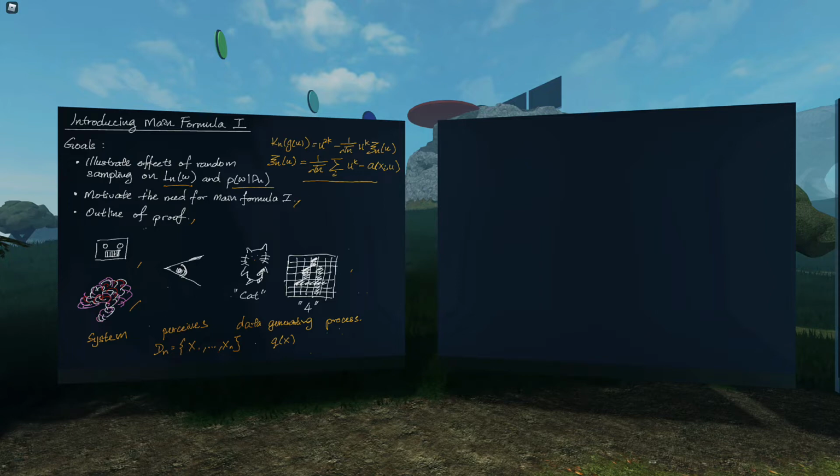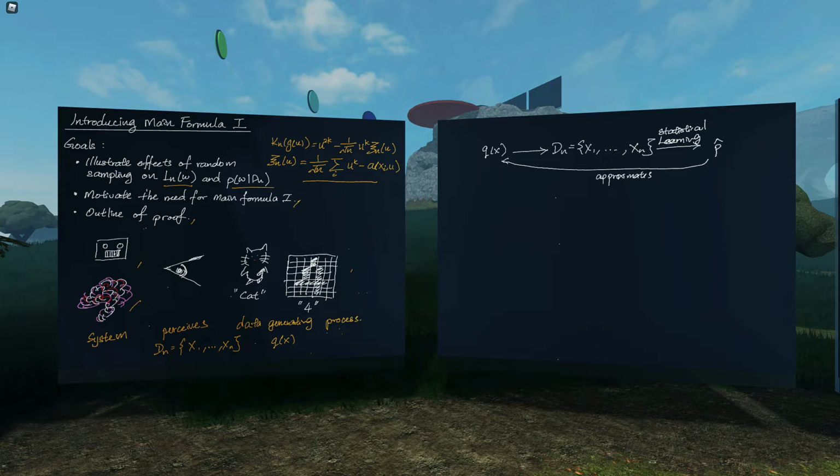Okay, so we have the truth generating the data set, and our goal is to have a statistical learning process that produces a guess, an estimate, that approximates the truth.